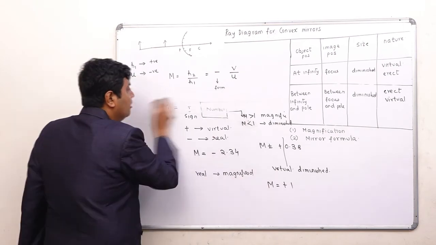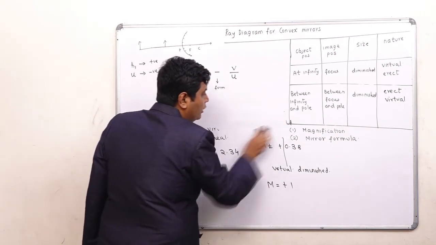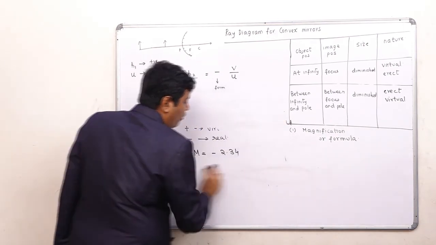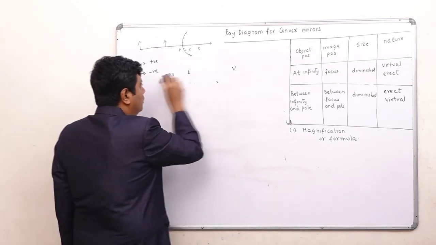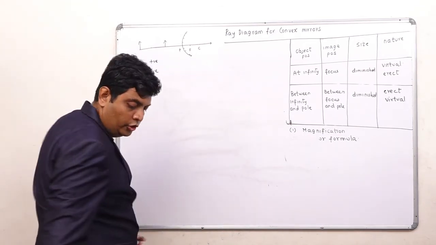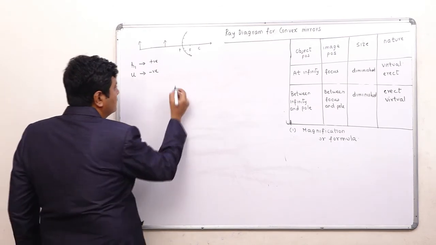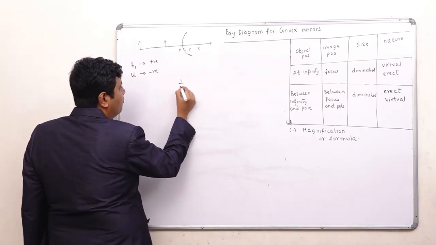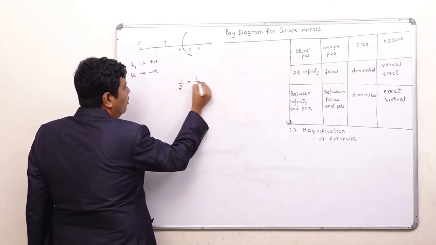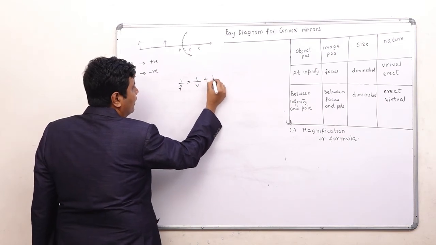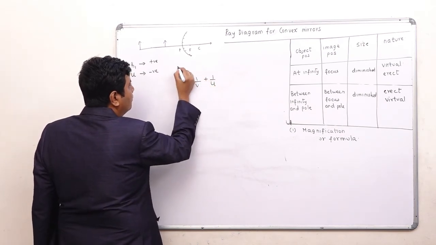Let us now consider the mirror formula. To solve the numericals, we should know the mirror formula. So what is the mirror formula? You have to remember, for mirrors, your mirror formula is 1 upon f is equal to 1 upon v plus 1 upon u.